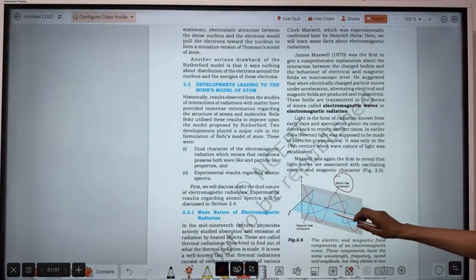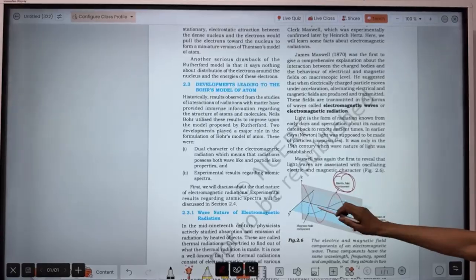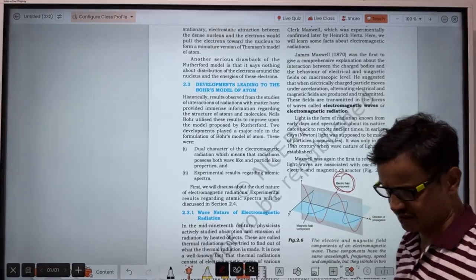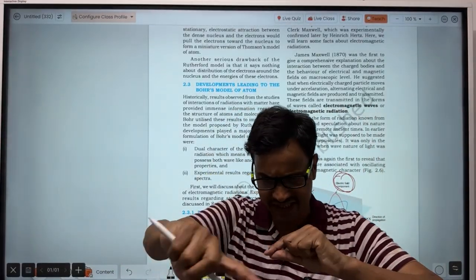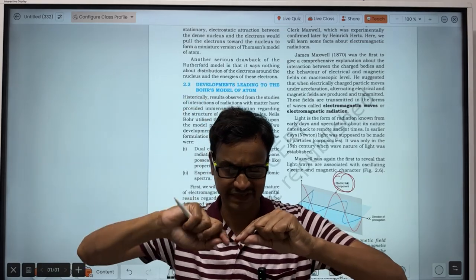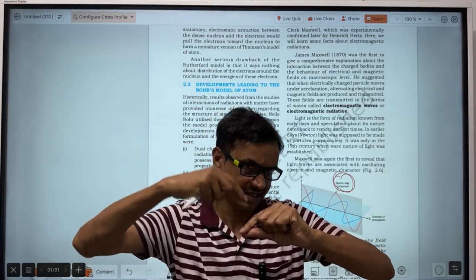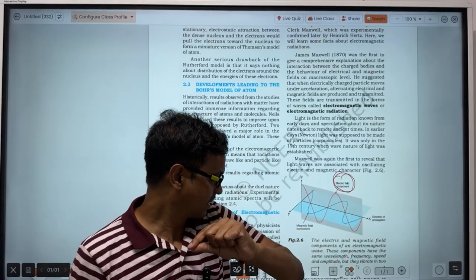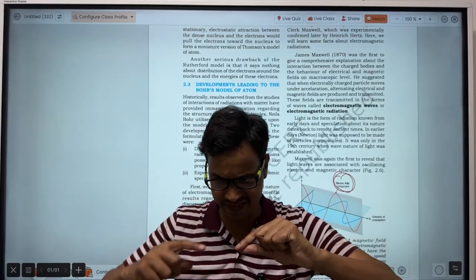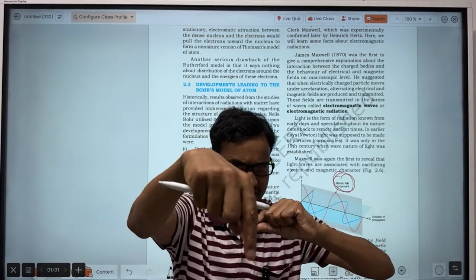Watch out here. This one, the electric field, oscillates in the y-axis. Suppose this one is the x-axis, this is the y-axis, and this is the z-axis. So what happened here in the y-axis, like this axis?